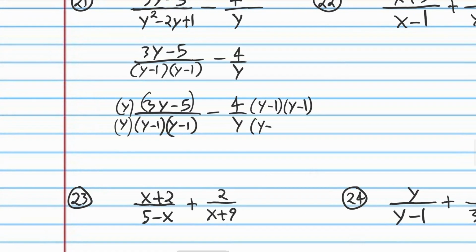Now, I want you to be aware, there's a possibility that what you did is you multiplied both sides of this fraction by only one y minus 1. You didn't multiply by both of them. Please be aware that if there's two y minus 1s here, you have to have two y minus 1s here, or else it's not going to be a common denominator. So if you made that mistake, that's okay. Just go back and fix it.